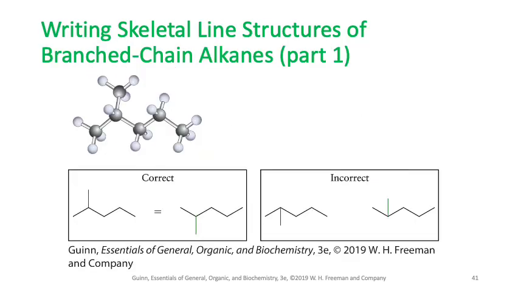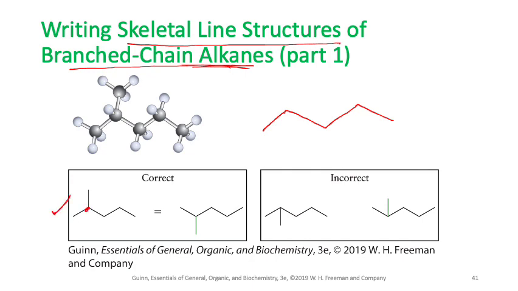Okay, so now we're going to learn how to write the skeleton line structure for a branched chain alkane, and we already talked about what a branched chain is. If I have any line angle formula and I have to make a branch on the second carbon, for example over here, if you start with an upward line, then that branch will go upward.